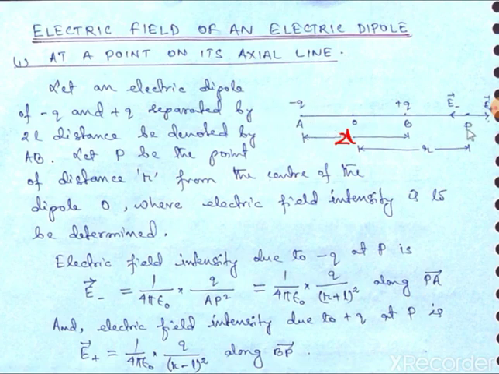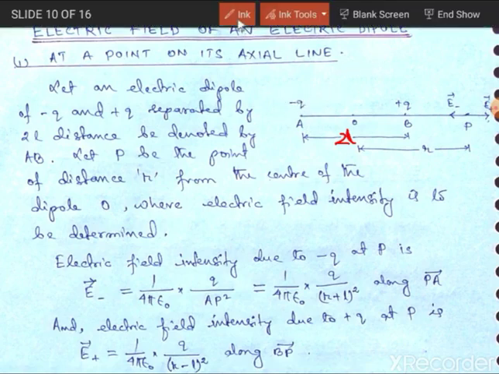We know that electric field intensity, or electric field simply, due to a single point charge is equal to what? 1 by 4 pi epsilon naught. Let me remind you. 1 by 4 pi epsilon naught into magnitude of charge, let me denote it by q, divided by distance square, right?